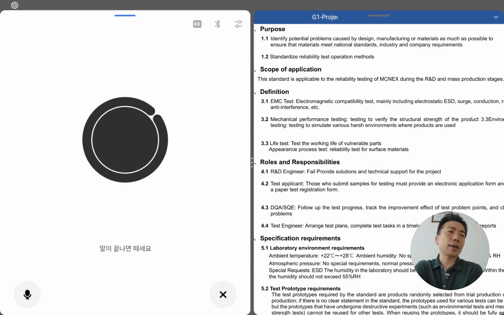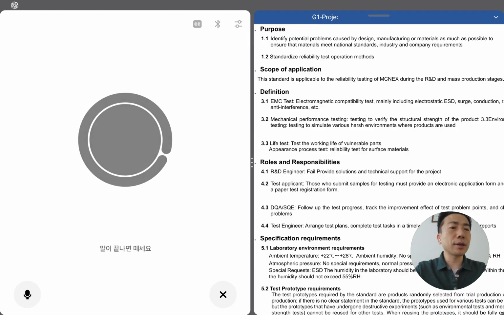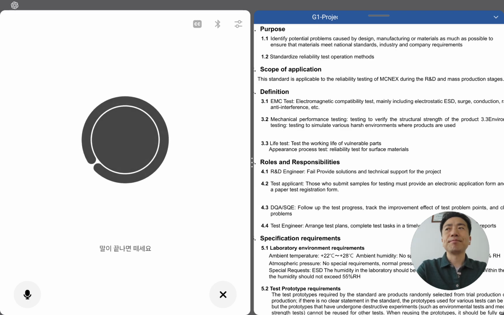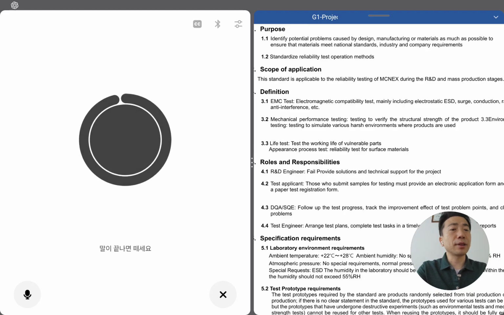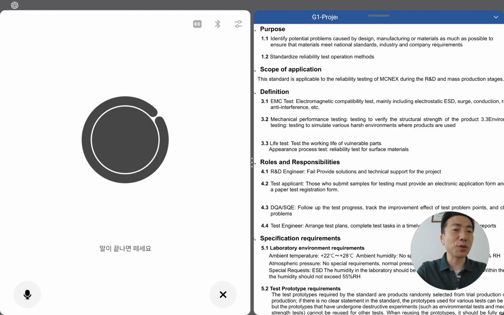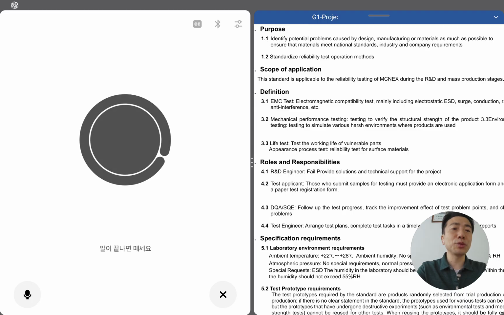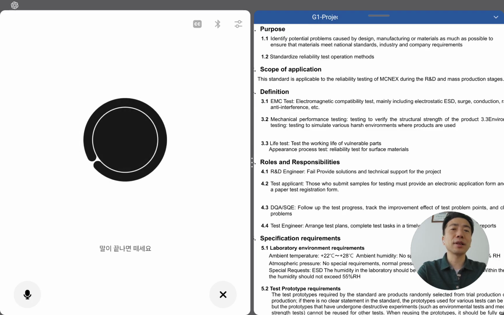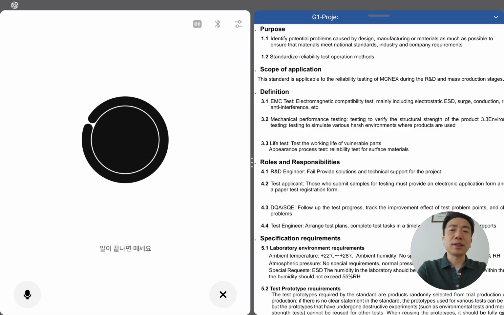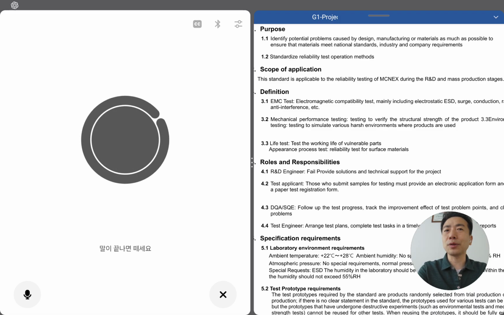Okay, okay, I got it. Maybe, I'm not a hardware engineer, so in my opinion, it's a little bit difficult. It's very hard for me to understand this EMC test definition deeply. But that's another big deal.